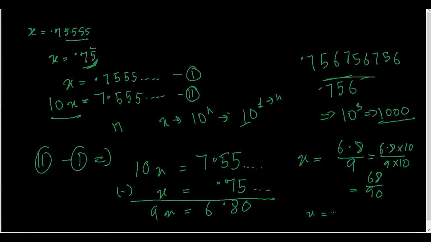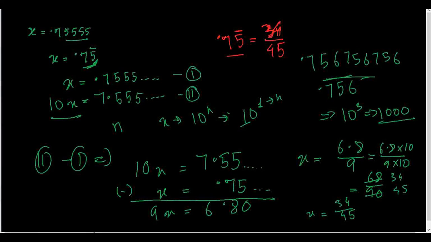We can cancel by 2, that gives 34 over 45. So x equals 34 by 45. So the value of this recurring decimal 0.75 bar in fraction form is 34 divided by 45.